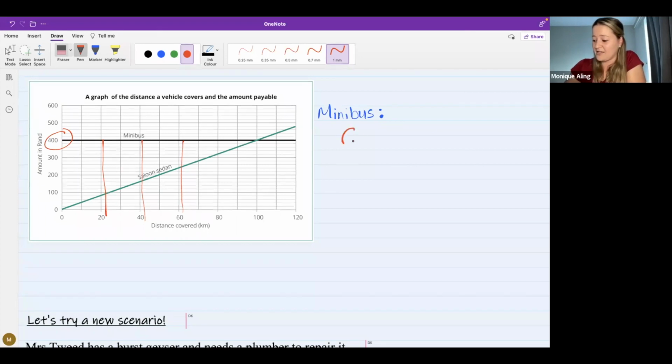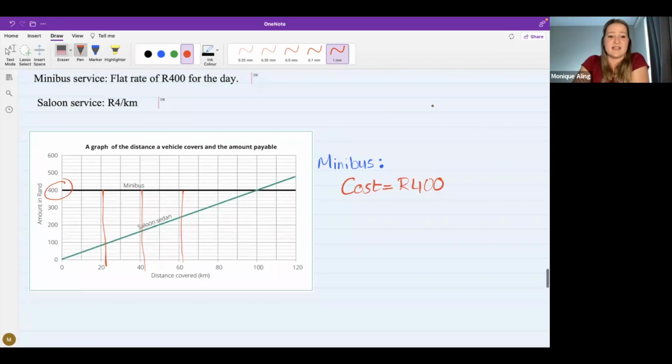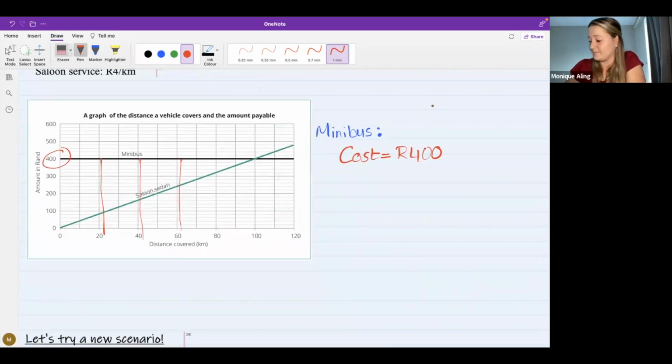The minibus cost is just going to be 400 Rand. They say 400 Rand per day. We don't have to divide by hours because it doesn't matter how many hours you use the bus for, you pay 400 Rand. Yes, well done. Okay, so you can say y is equal to 400.